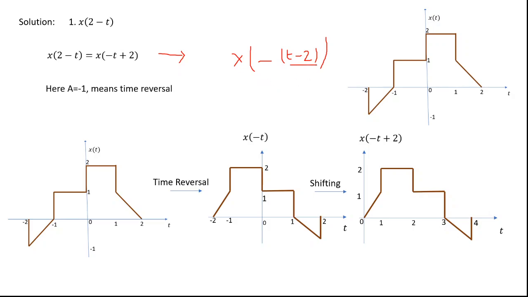So this is the t minus k form, hence the signal will shift rightward by 2 units. So this is the final answer. So -2 is shifted by 2 units.